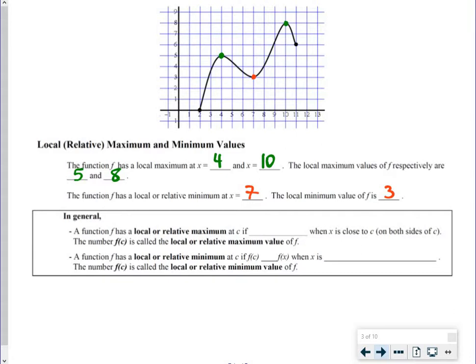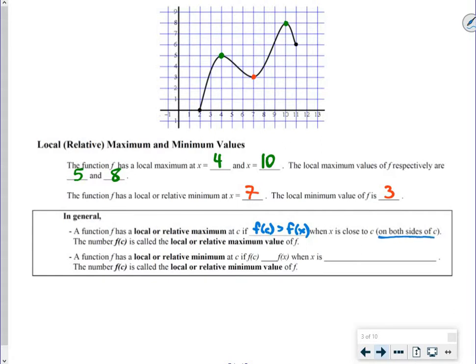Okay, in general, a function f has a local or relative maximum at c if f at c is greater than f of x in the neighborhood. Okay, so we're looking just on both sides of c.